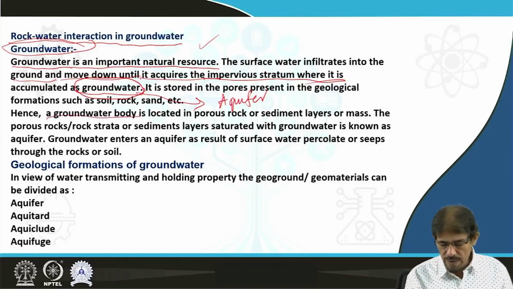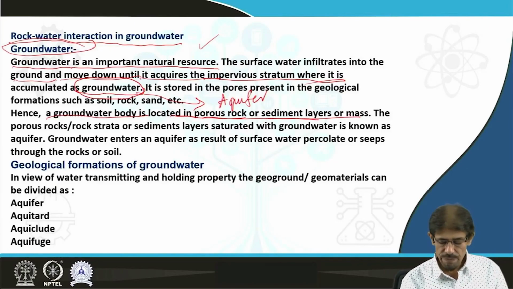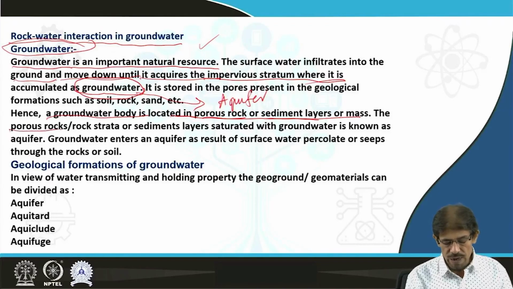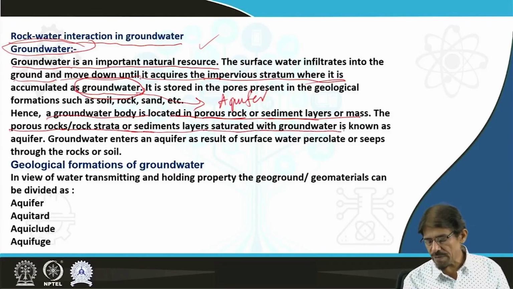The groundwater body is generally located in porous sedimentary, porous igneous or porous metamorphic rocks, or sediment layer or soil mass. The porous rock strata or sediment layer saturated with groundwater is known as aquifer.